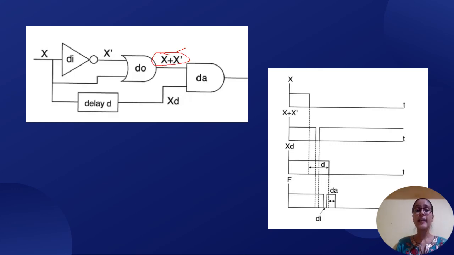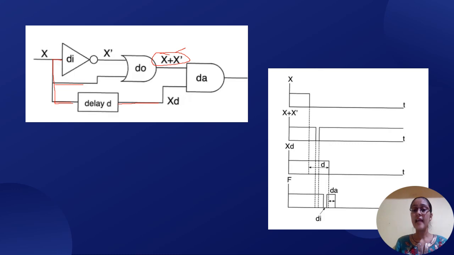Here the X path has 3 conditions to be satisfied. You may notice this one here, and this is the direct expression where we can see the static one hazard, and the other path of the X goes through this, and in this path there will be more delay of X. So due to this condition there will be a dynamic hazard.